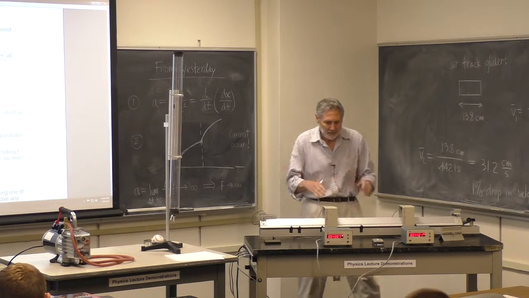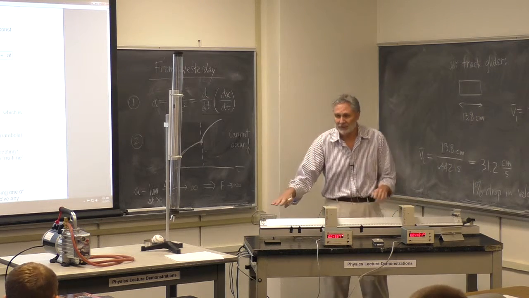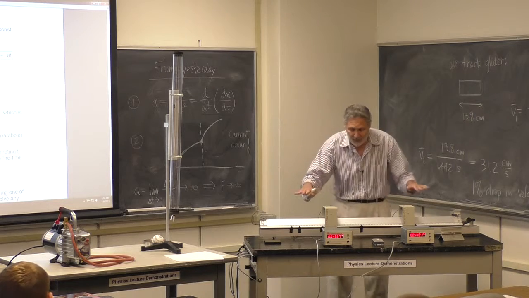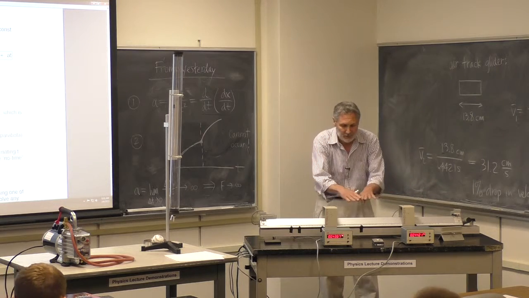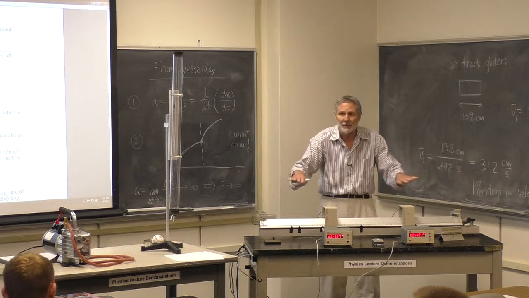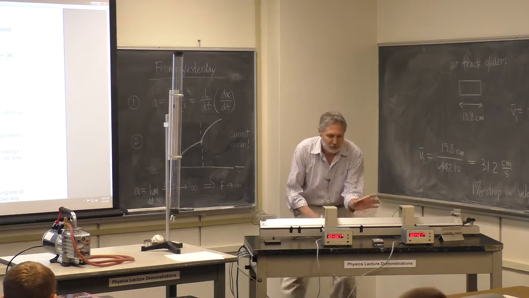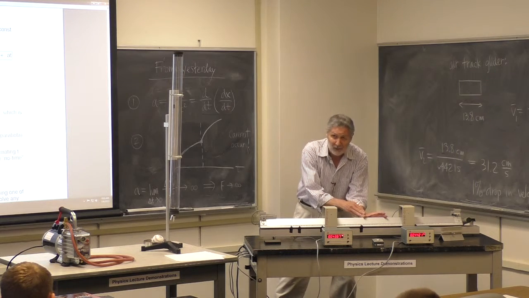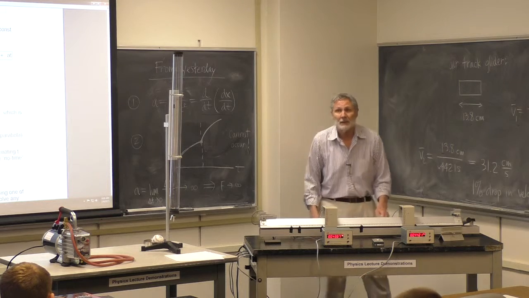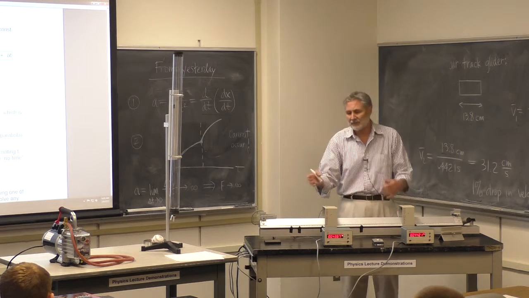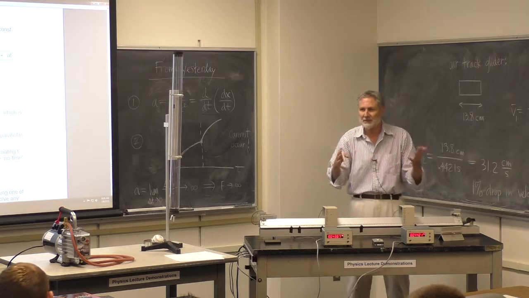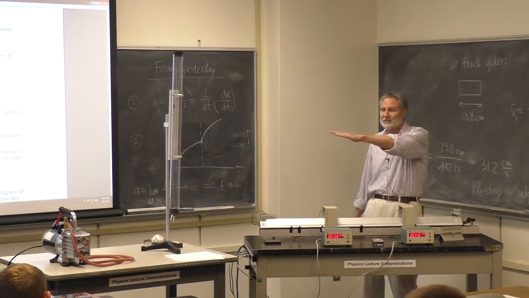You know, this track is not perfectly straight. Some of these the manufacturers will actually sometimes build in a slight curvature here so that you can do collisions. You can put a glider there and it won't drift like we saw, right? And the other thing is that it's not perfectly level. What if it has a slight slope here?